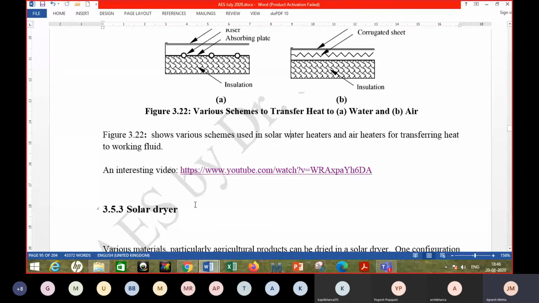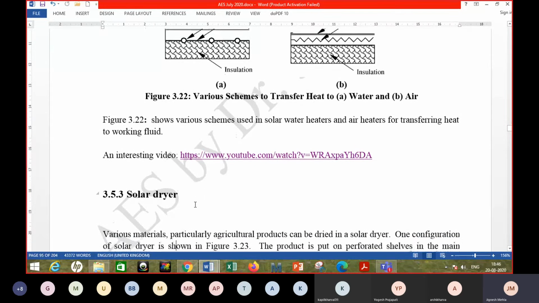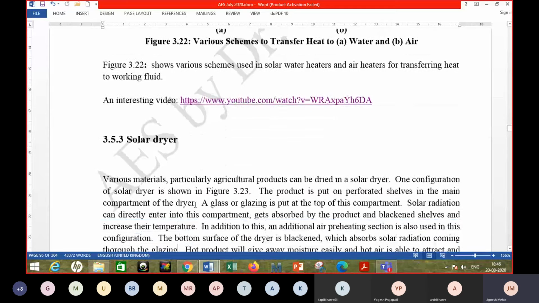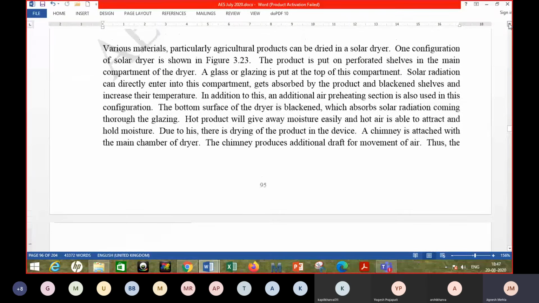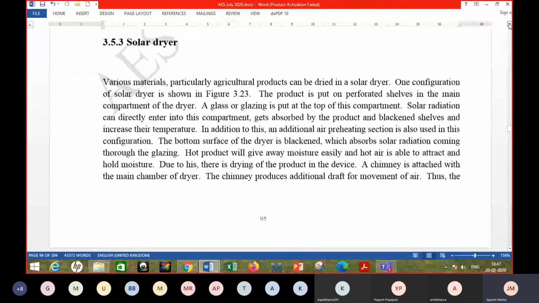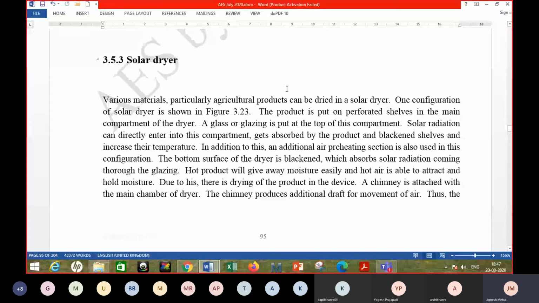Yeah. So now let us talk about another application of solar thermal collectors, and that is solar dryer. So here also, in a way, you can say you are producing hot air, which is used to take away moisture from certain product. This product can be an agricultural product, or it can be an industrial product also.